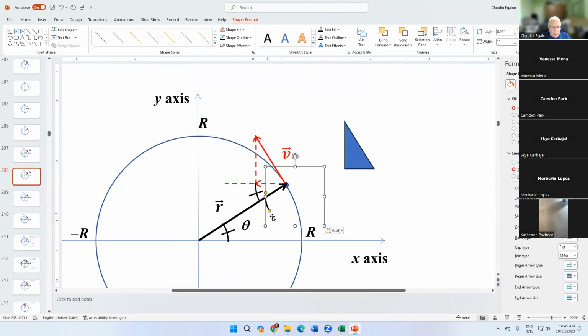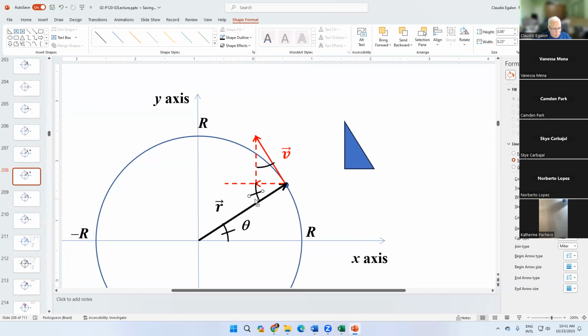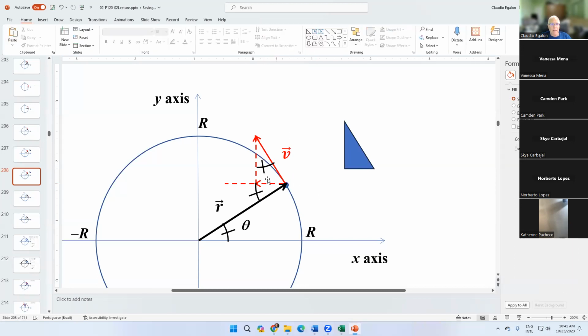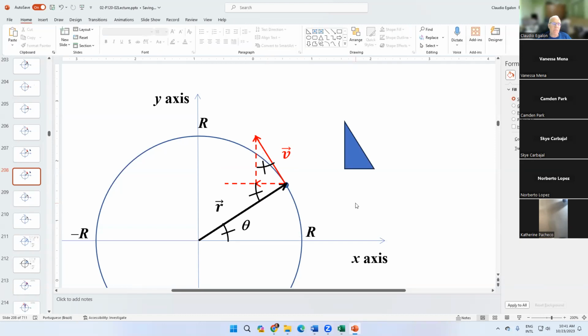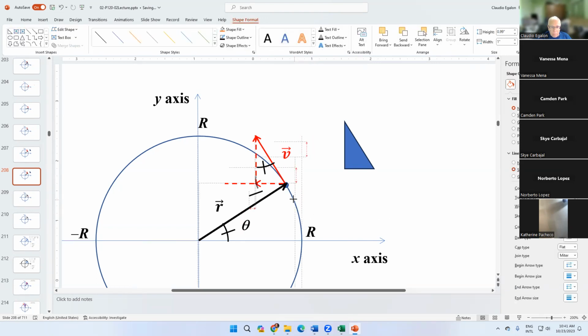So I'm going to go ahead and place it right in here. And we go ahead and put another dash in there. Right? Like that. So they're all sharing the same values, right? The same angles.